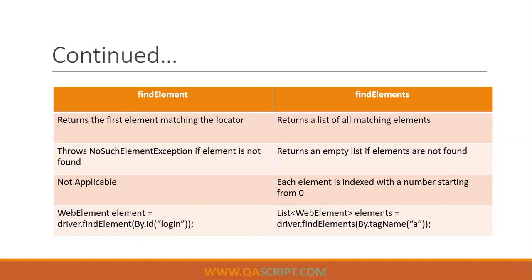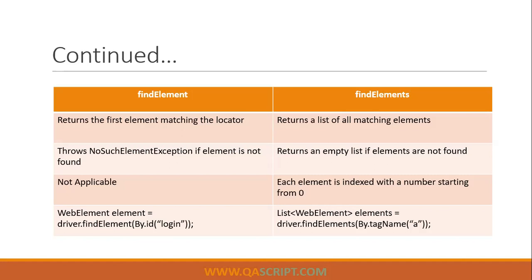Whereas find elements returns a list of all the matching elements, right? The next difference is when Selenium is not able to find any element with the locator which you have provided, it will return a no such element exception, right? But in the case of find elements, it will just return an empty list. No exception will occur.